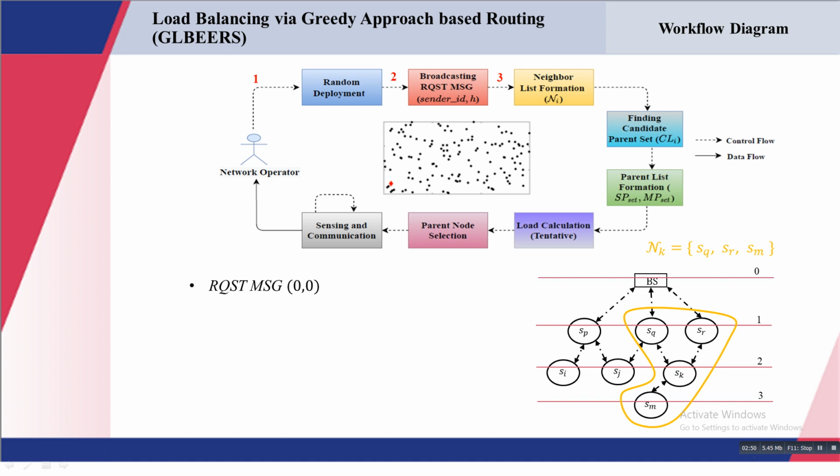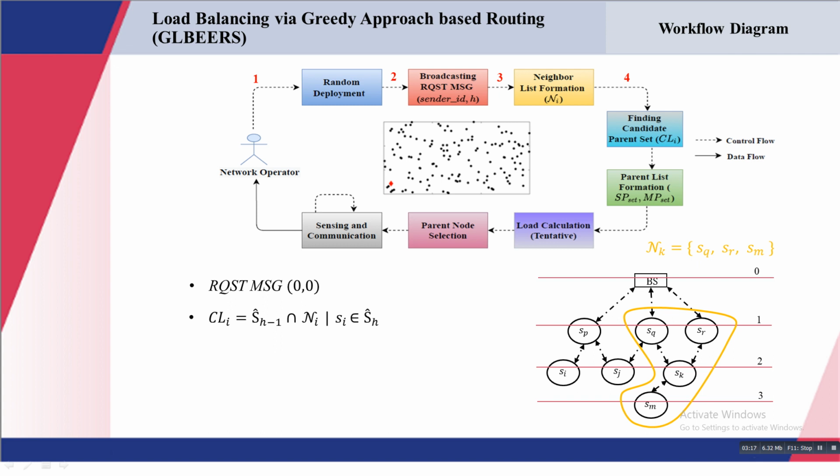We can see that the neighbor list can include the nodes which have one less hop count or one greater hop count than this particular kth node. That's how the neighbor list is formed, and once it is formed, a candidate list is formed out of this neighbor list using this equation.